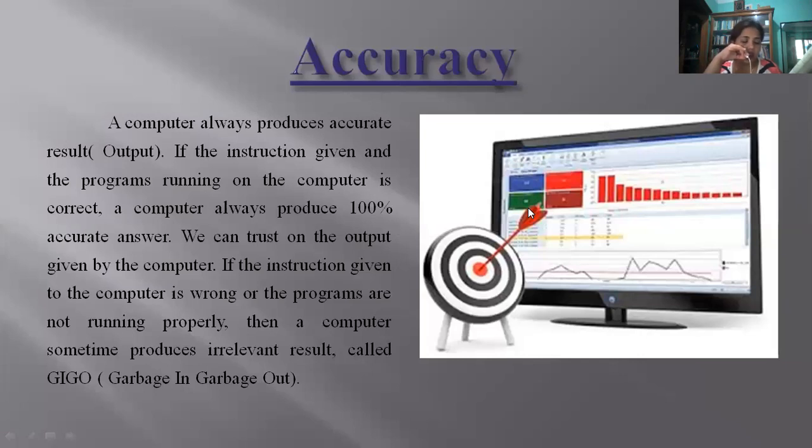It is called garbage in, garbage out, inside bracket, GIGO. Irrelevant, I-R-R-E-L-E-V-A-N-T.